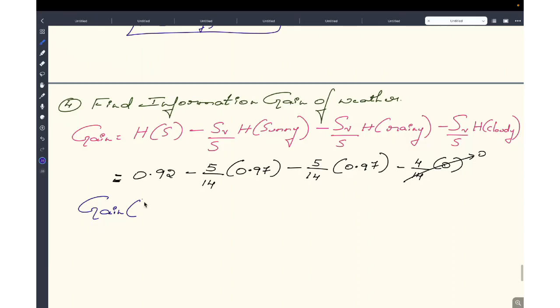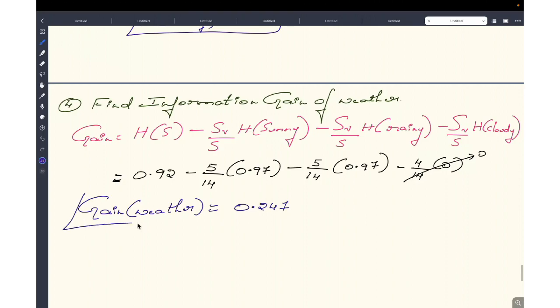So the gain of weather, if you simplify this, you're going to get somewhere around 0.247.